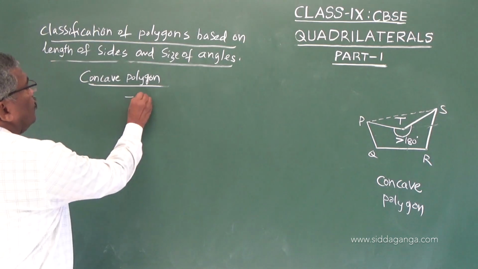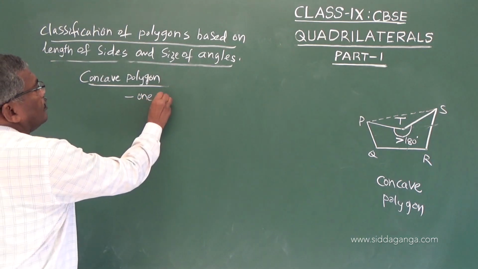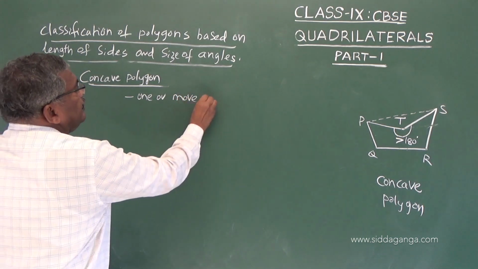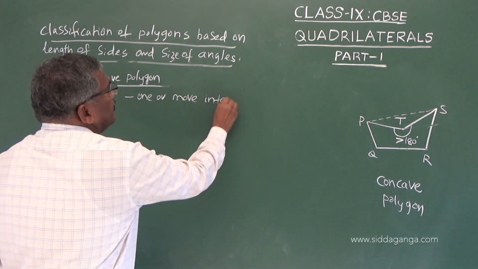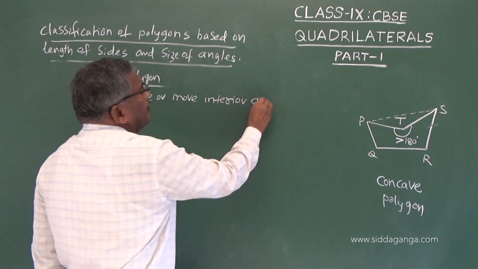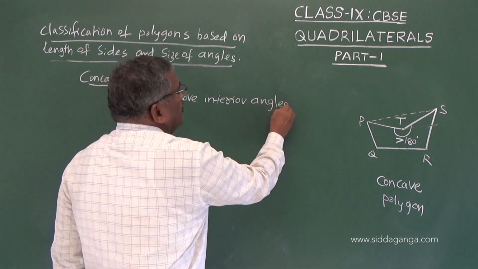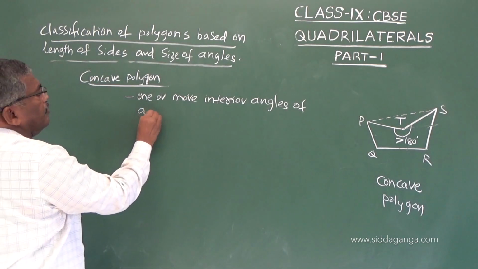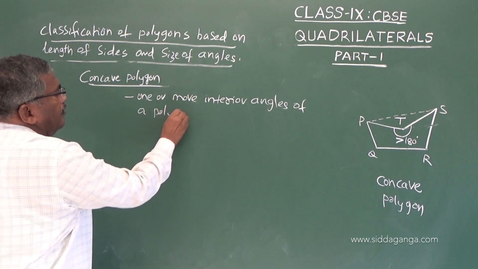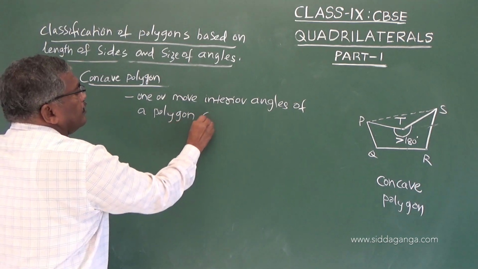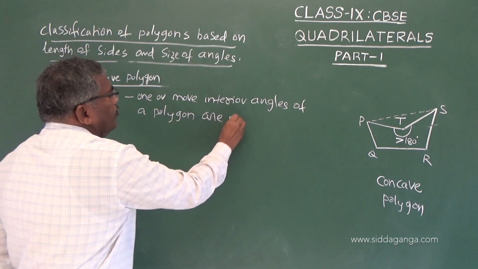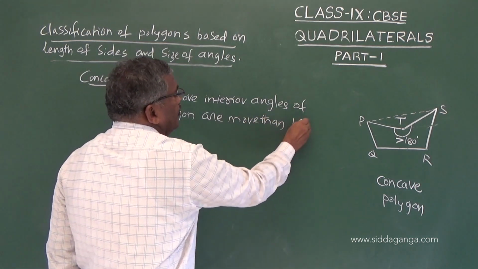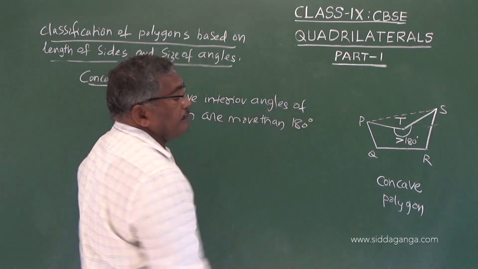One or more interior angles of a polygon are more than 180 degrees.